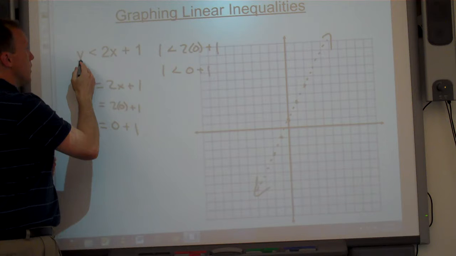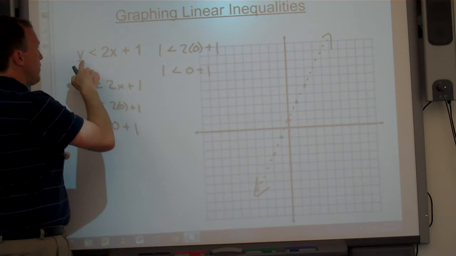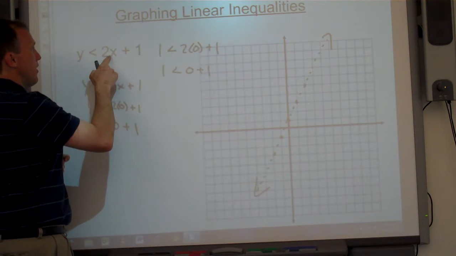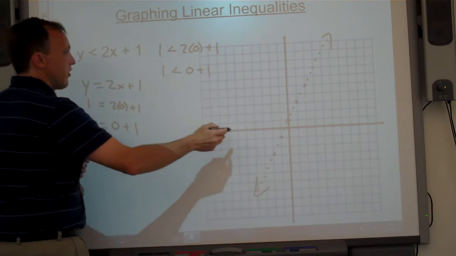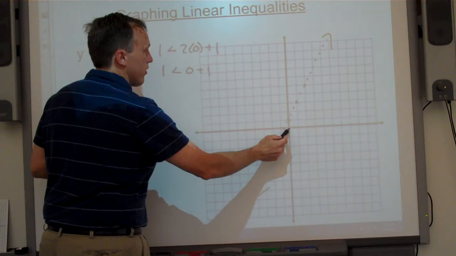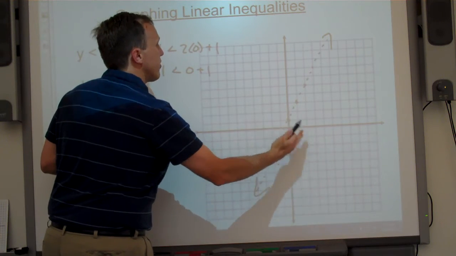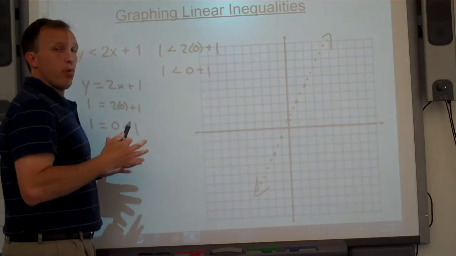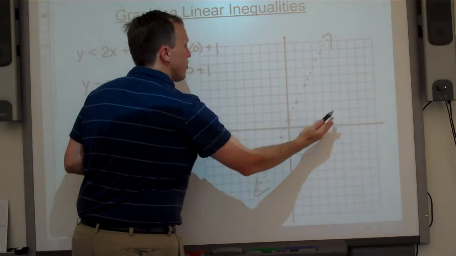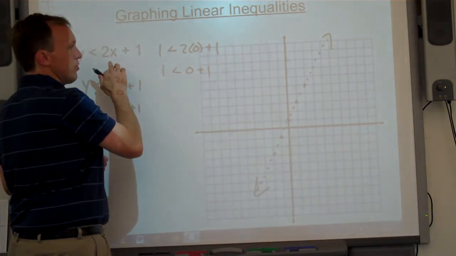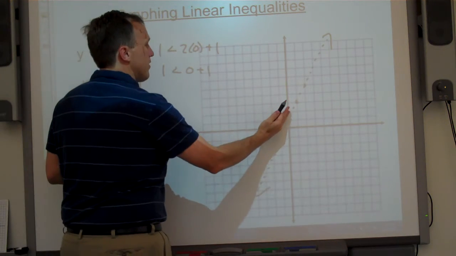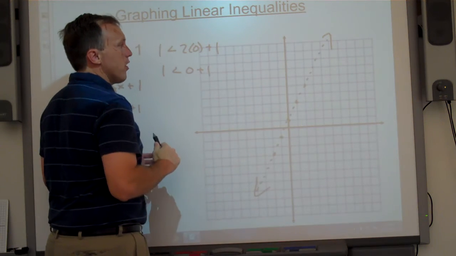If we plug in 0 and 0, is 0 less than 0 plus 1? Well, it is. And so this point on this side shows us a solution that works. What that points to is that this whole side is going to be solutions that make this true. All right? And that means that this side will be solutions that make it false.